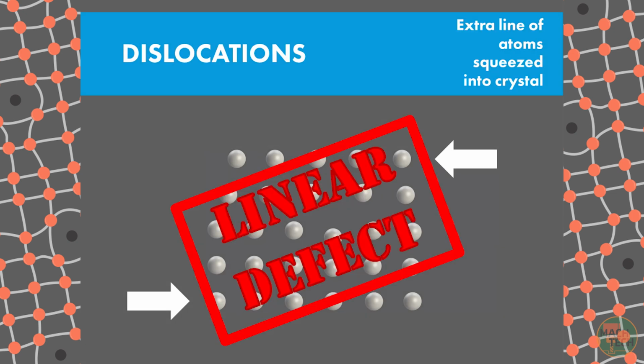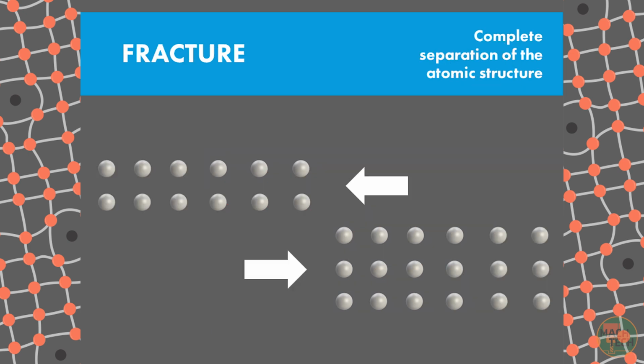That extra column of atoms is a linear defect called a dislocation. You should think of plastic deformation as what happens when these dislocations zip and unzip themselves as they move through a material and rearrange the atomic order. Just for completeness, if we push even harder, we can separate the bonds between atoms along an entire plane. One piece becomes two, and fracture has taken place.